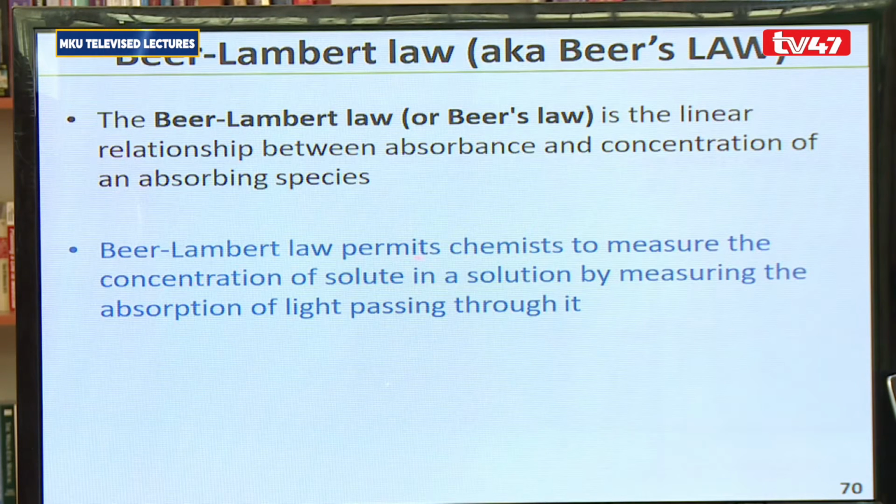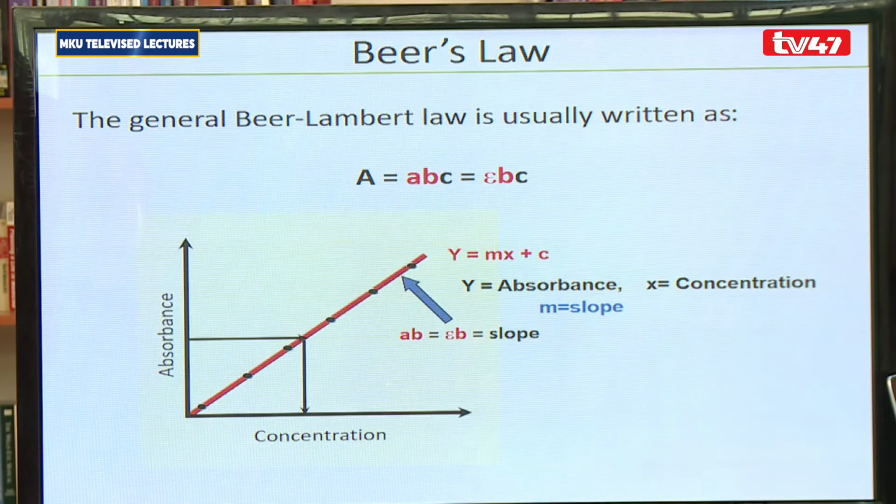So the Beer-Lambert law is a linear relationship between absorbance and concentration. And you can now see the importance of this law because it helps us to quantify. You are able to say how much, in terms of concentration, is in a certain solution. Now, the Beer-Lambert law permits chemists to measure the concentration of a solute in a solution by measuring the absorption of radiation.